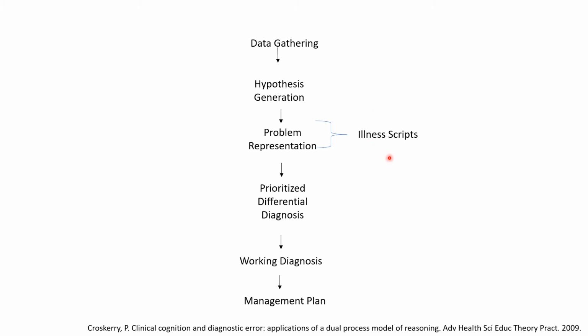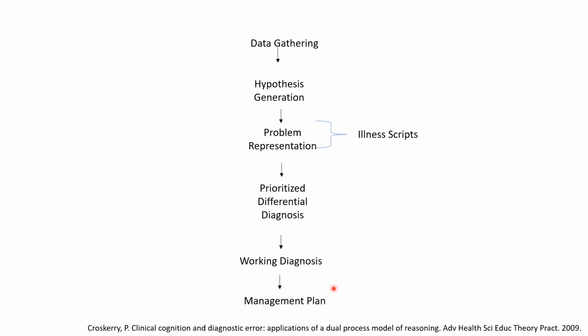Illness scripts are again activated by the problem representation, and together this becomes the platform by which the subsequent steps of the pathway are built. This means that the problem representation and the associated illness scripts will help develop a differential diagnosis that will be prioritized, by which ultimately a working diagnosis will be selected and a management plan will be developed and activated.